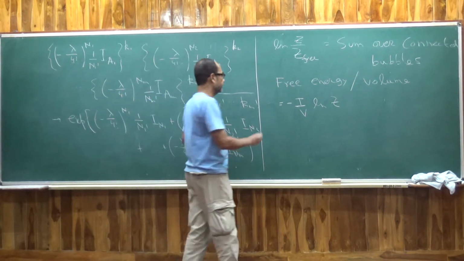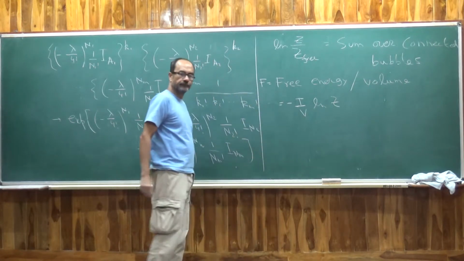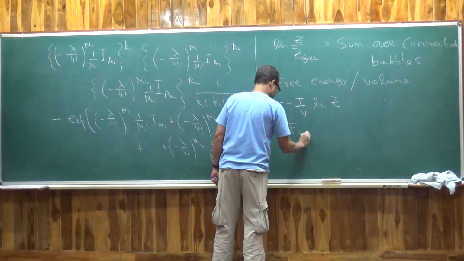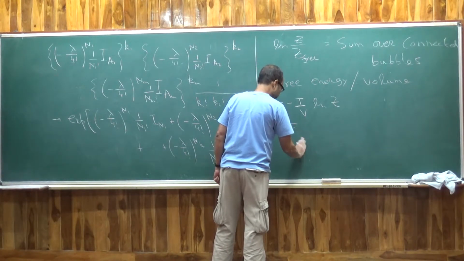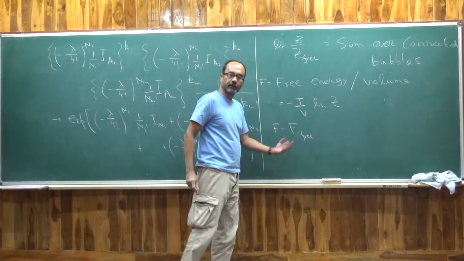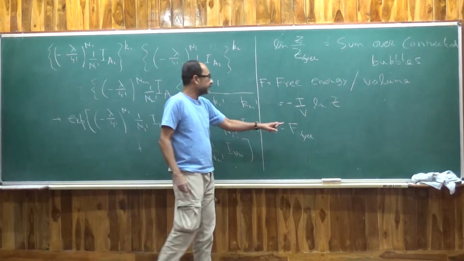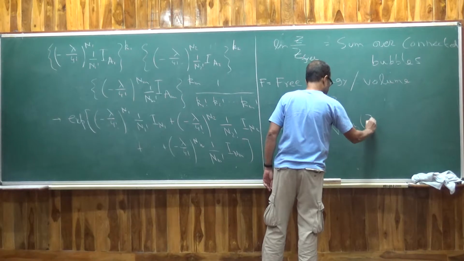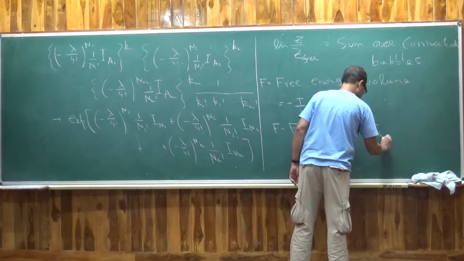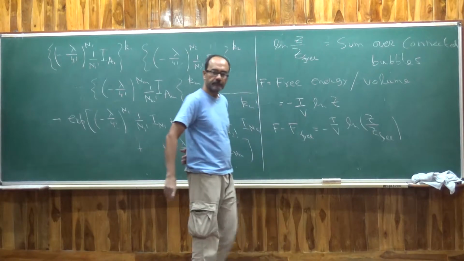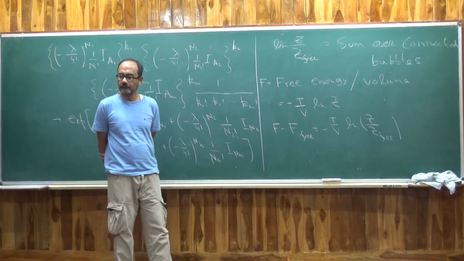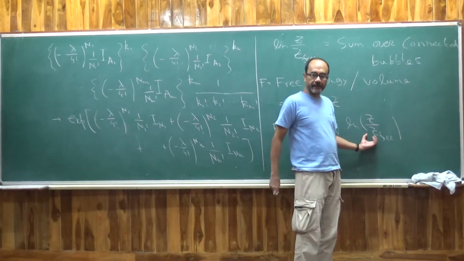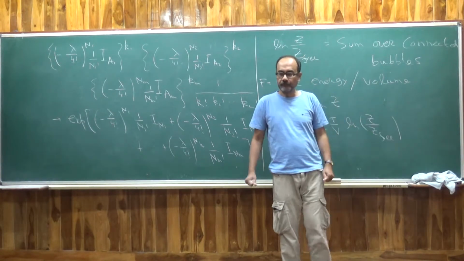So let's call it F. So F minus F free, where F free is the free energy per unit volume in a free scalar field theory, which we already computed last time. So F minus F free is given by minus T over V log Z over Z free. And now we see that there is a simplification, because log of Z over Z free is the sum of our connected bubbles.